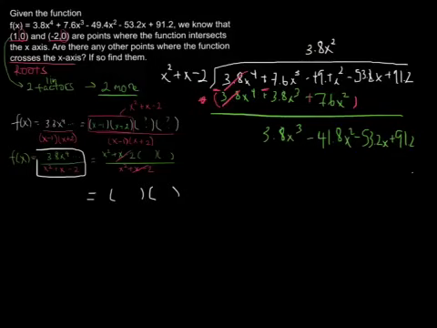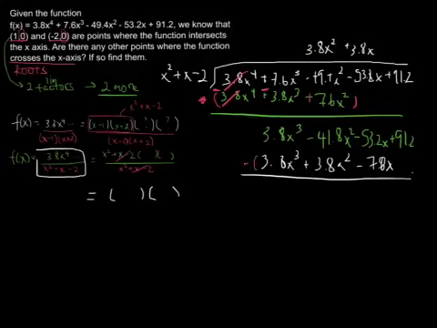X squared will go into 3.8x cubed, 3.8x times. Multiply through, I get 3.8x cubed plus 3.8x squared minus 7.6x, or 7.8x.